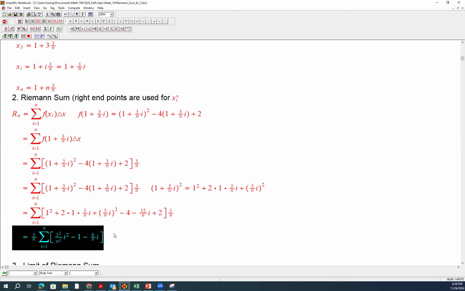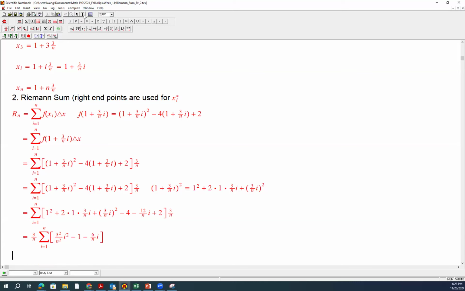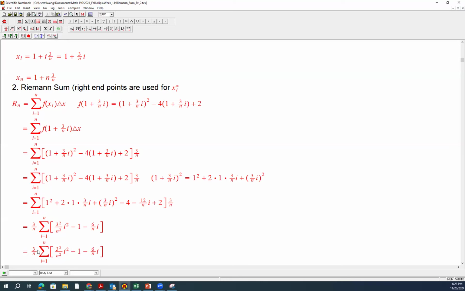And then what? Next, we're going to split the summation. Okay, so the summation will be split into this term, only on the part related to i, related to this constant, and on this.